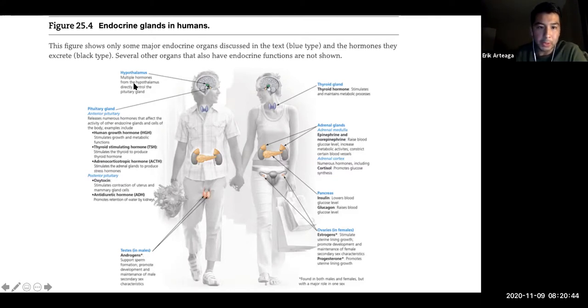Okay, so the hypothalamus and the pituitary gland are strictly endocrine glands, right? So they're going to be up here in the brain, and we'll talk a little bit about the hypothalamus and the pituitary gland. But the hypothalamus makes multiple hormones, which the pituitary gland will secrete or make themselves as well. We also have the testes.